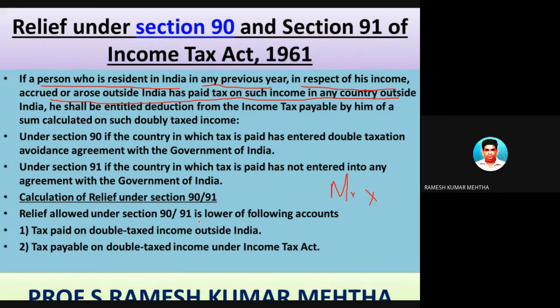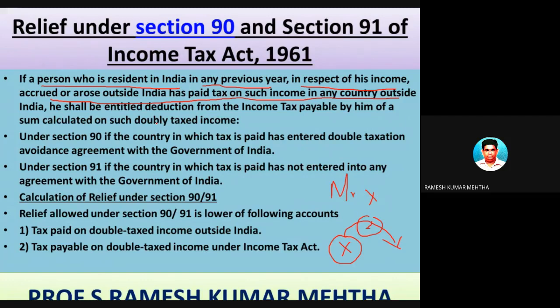For example, Mr. X is a resident of India, and he has worked in another country for some part of the year, for example 2 months or so, and he has made some income of X rupees, and he has paid tax on this X rupees of income to that country where he has earned income. So we are talking about that subject matter.